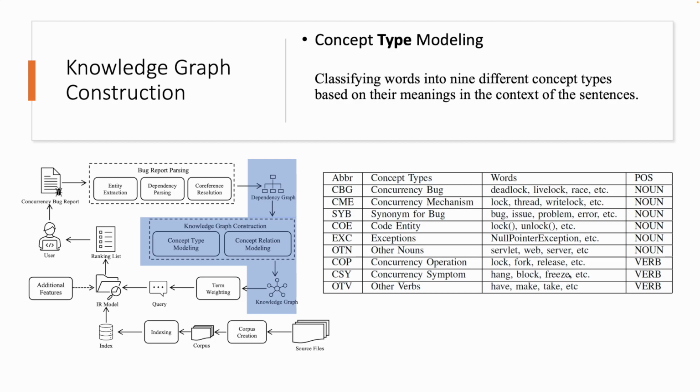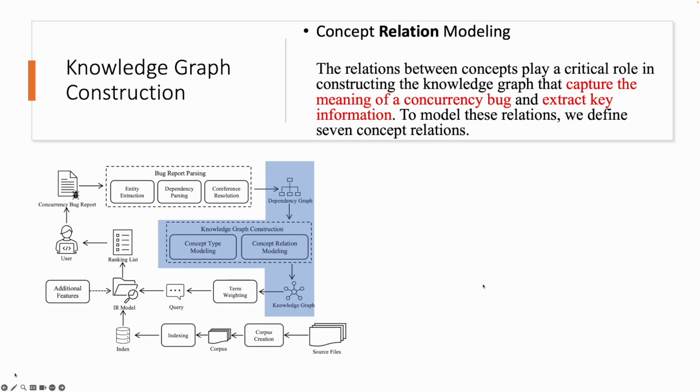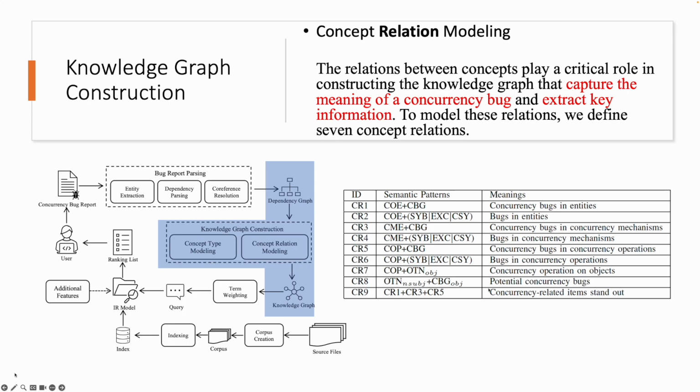For example, words like deadlock and race condition will be categorized into the concept type called concurrency bug. After we have these 9 concept types, we modeled 7 concept relations to capture the meaning of a concurrency bug and extract key information.